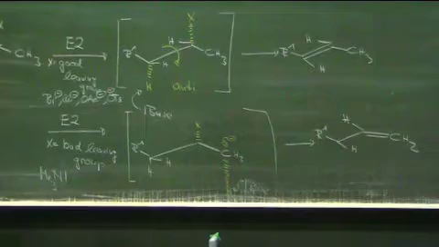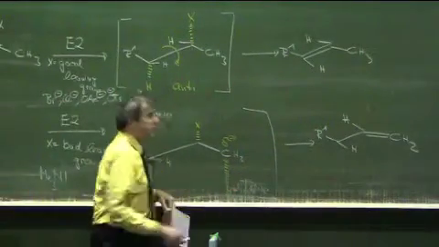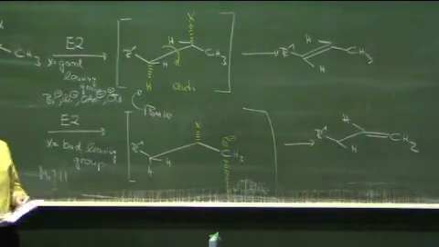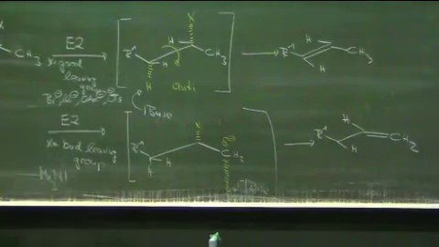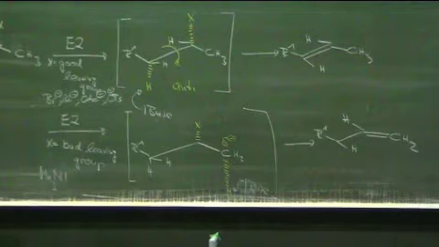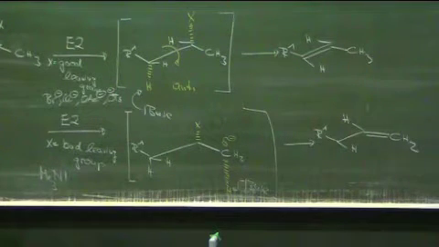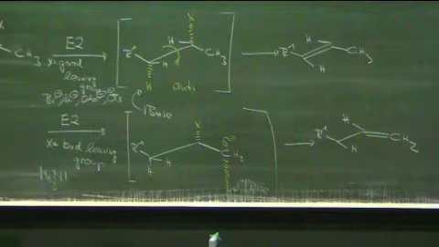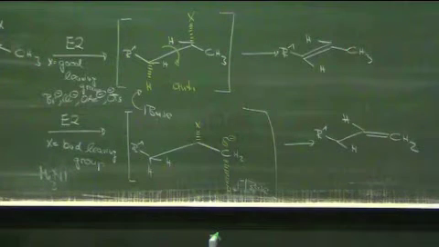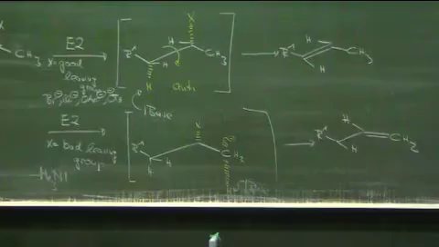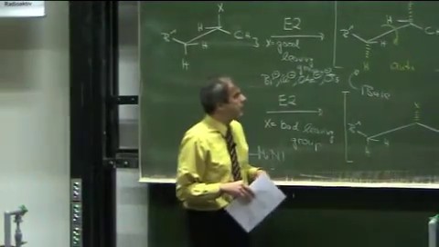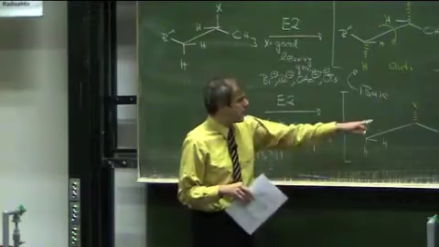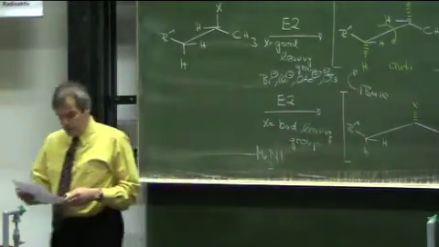We also talked about that the size of the base, of course, can also determine the regioselectivity. The bigger the base, the more it will attack on a less substituted position. But since the hydrogens are more on the periphery of the molecule, very often the size of the base does not so much determine the fate of the elimination as these factors do, which we have discussed here so far.